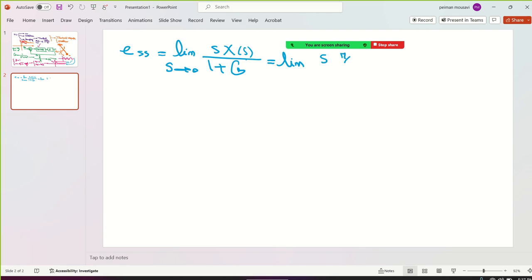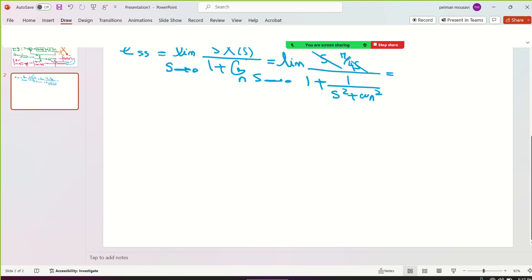This is pi over 4S, that's right, the desirable input to the system, plus 1 over S squared plus omega n squared, right? S goes to 0. So what we got was, oh, this is new after designing the controller. I'm sorry, guys. This is new.